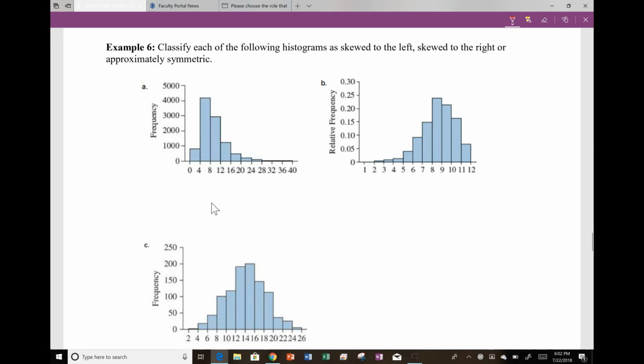You'll notice on this one, I definitely have a massive peak right here. So this bar would be considered my mode. Now looking at whether it is skewed to the left, skewed to the right, or approximately symmetric, notice I have this tail over here that has really low values and a higher value here on the left-hand side.